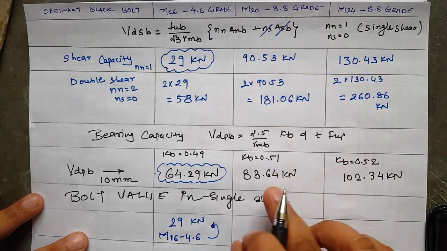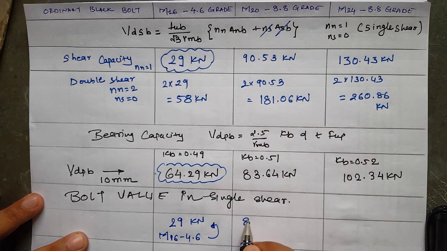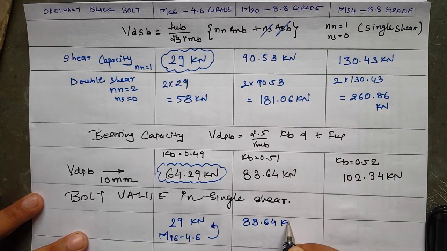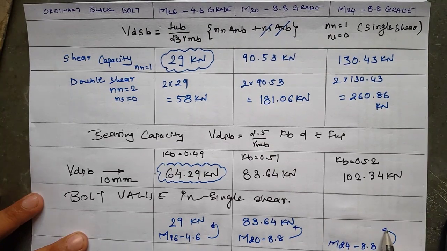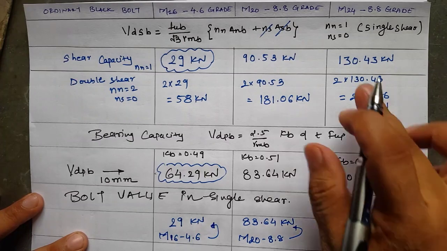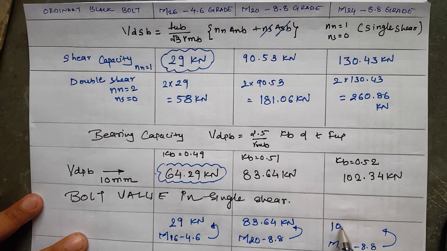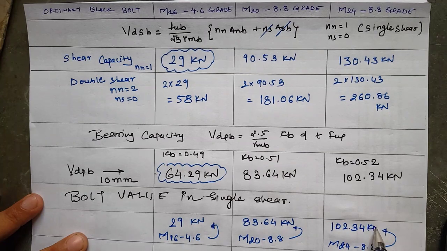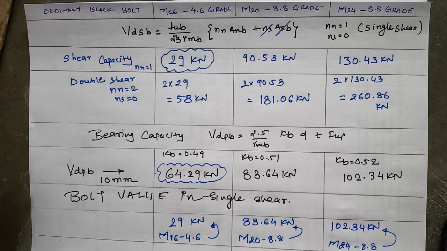Similarly 90.53 and 83.64, so our value is 83.64 kilonewton for M20 8.8 grade bolts. Similarly for M24 8.8 grade bolt, our capacities are 102.34 and 130.43, so 102.34 kilonewton. So if you are given an example where you have to use M24 8.8 grade bolt in single shear, you can directly take 102.34 kilonewton as the bolt value.